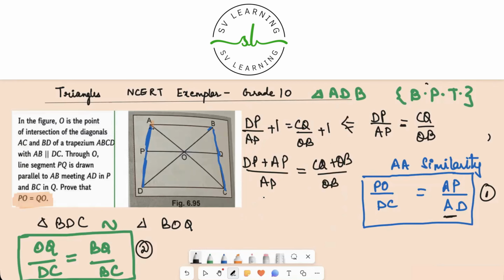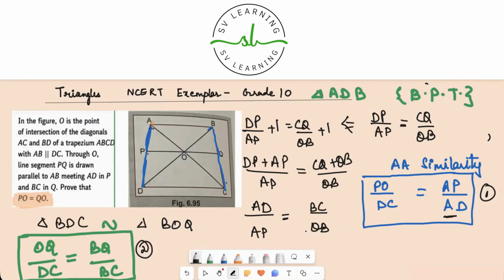So basically, I get here as AD, DP plus AP by AP is nothing but AD by AP is equal to, again, CQ plus QB is BC by QB.